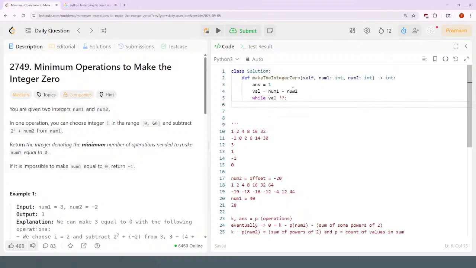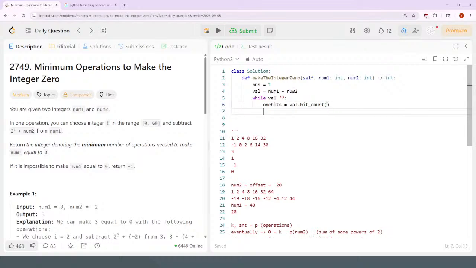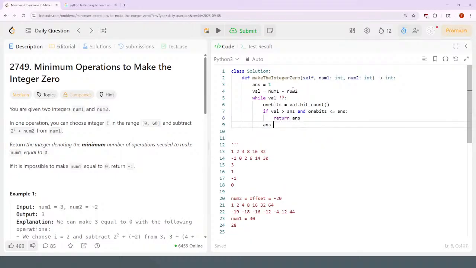So while, let's say 1 bits are going to be value.bit_count(). And if the value is greater than the current answer and the 1 bits is less than or equal to that answer, then return the answer.